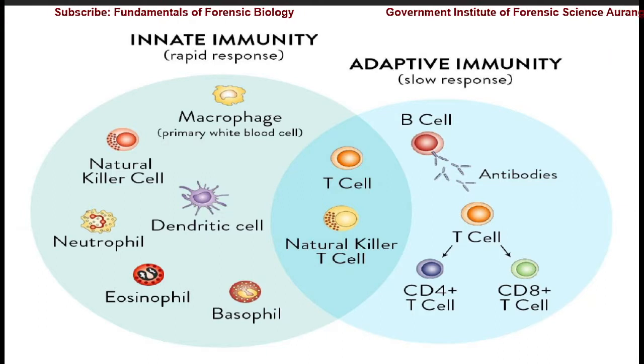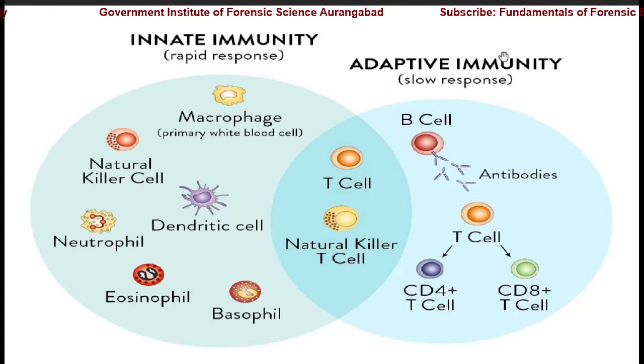In this diagram, we can see different types of responses shown by the immune system. In innate immunity, the preformed cells like macrophages, natural killer cells, neutrophils, dendritic cells, eosinophils and basophils are the major players, while T cells and natural killer T cells are common to both systems. As these cells are preformed, they show an immediate and rapid response to a pathogen.